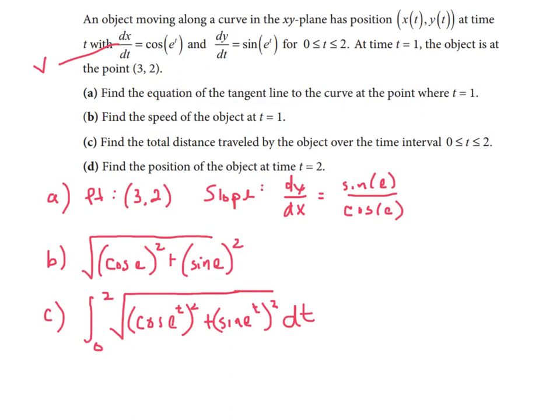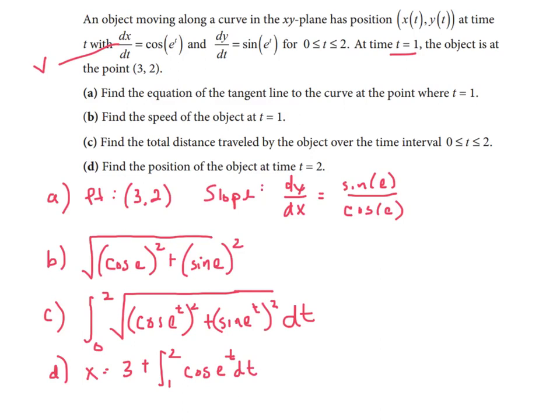It's the arc length. Finally, finding the position at time 2. Well, at time 1, we know the initial position. So I would say, all right, the x-coordinate. I know that it started at 3, and the integral from 1 to 2 will tell me how much it changed from 1 to 2.